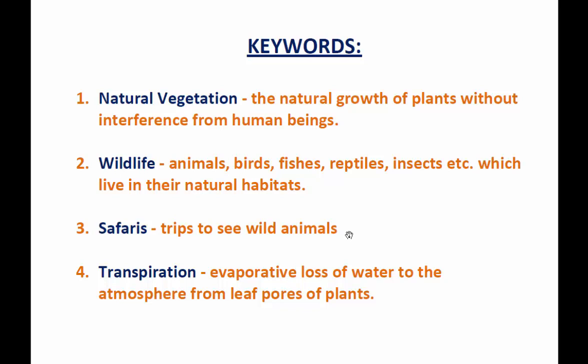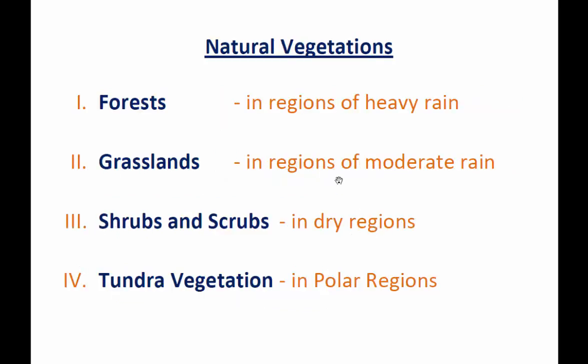Well, natural vegetations are broadly classified or divided into 4 divisions. The first one is forest. Forests are found in the regions or in the places where there is heavy rainfall. Grasslands in the regions of moderate rain, less rain.